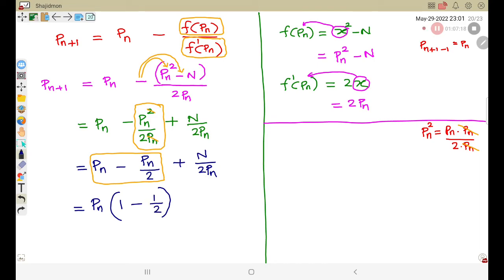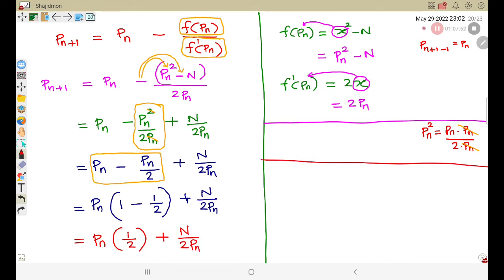Okay, first term, don't forget 1 balance, because when we expand this bracket you will get 1 multiply Pn, half multiply Pn over 2, plus n over 2Pn. Okay, now again we are writing equal to Pn multiply 1 minus half, which is half. Correct? 1 minus half plus n over 2 times Pn.